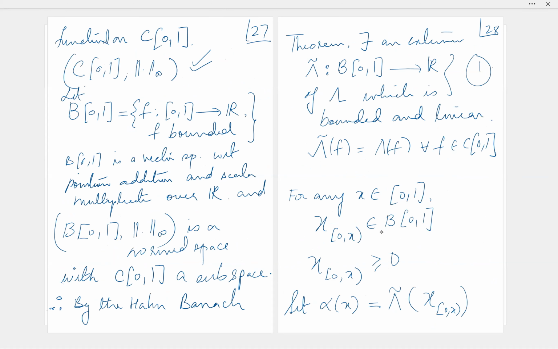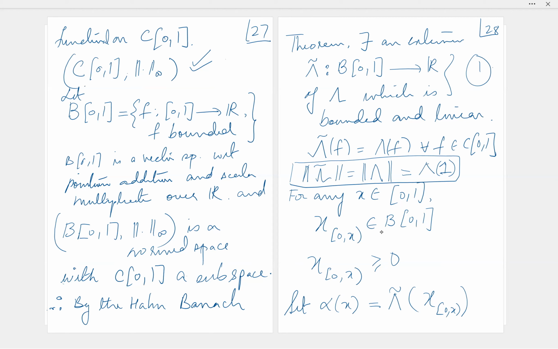Also, while showing that a positive linear functional on C01 is bounded, at the beginning of the proof, we showed this. That is how we got a linear functional on B01.